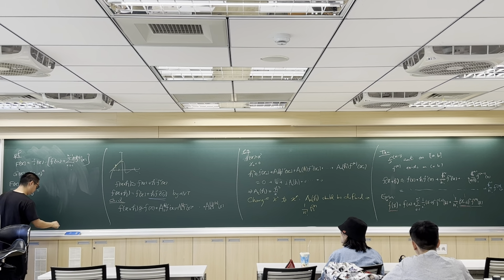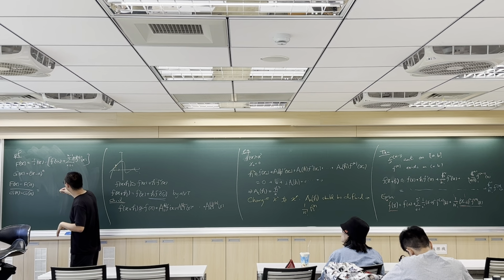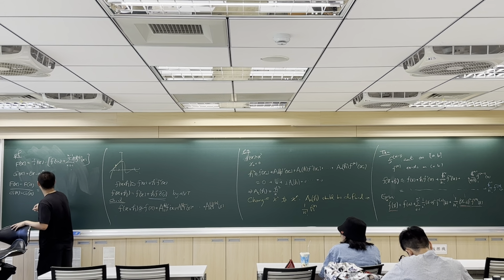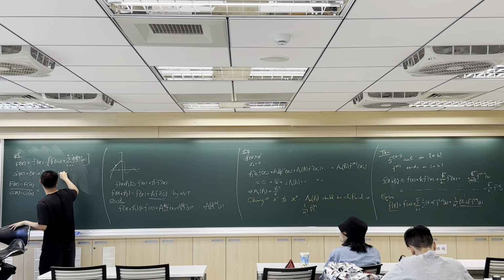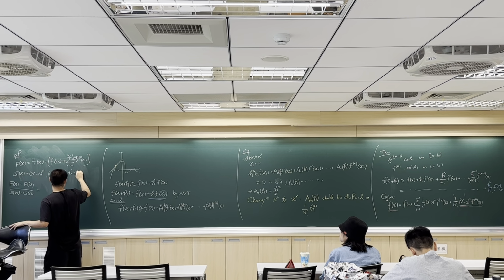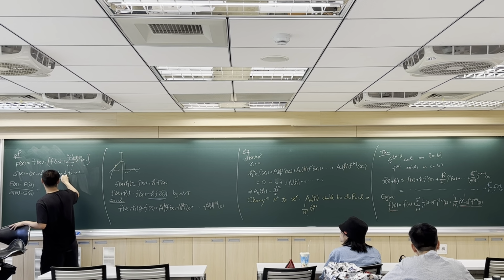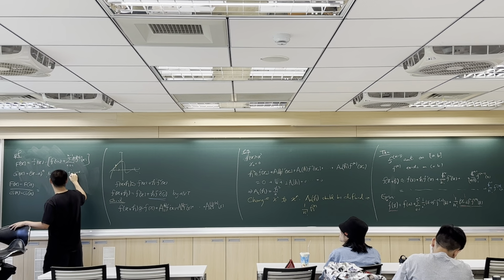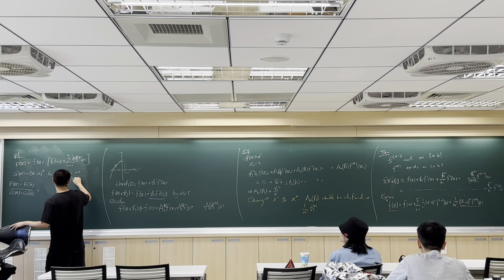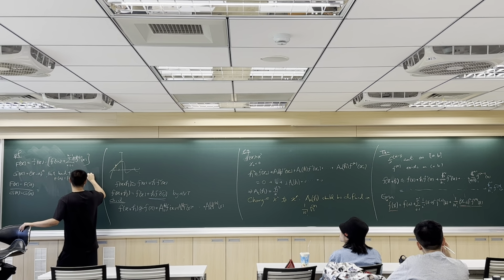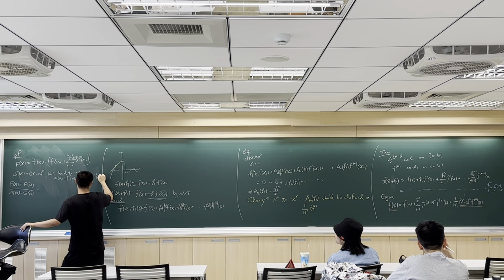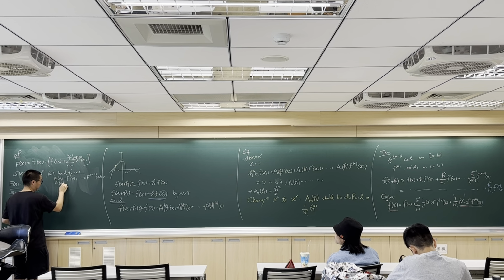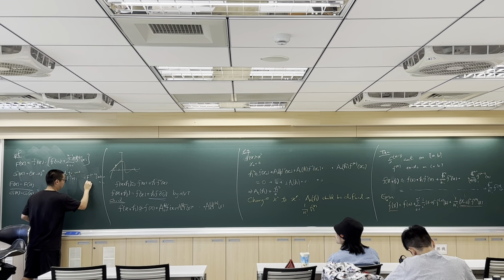So sorry, first observation: it's not hard to see that f of a equals f prime of a equals f^(n-1) of a equals 0. And so g of a and so on equals 0.